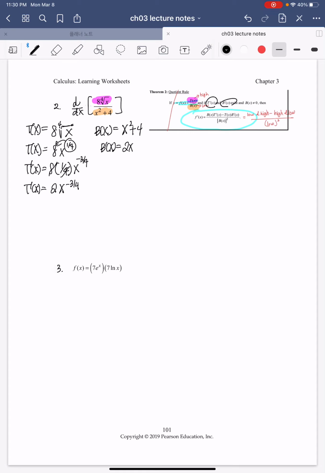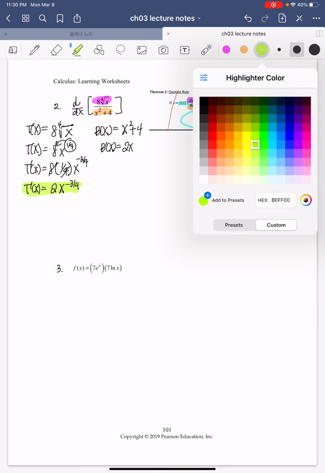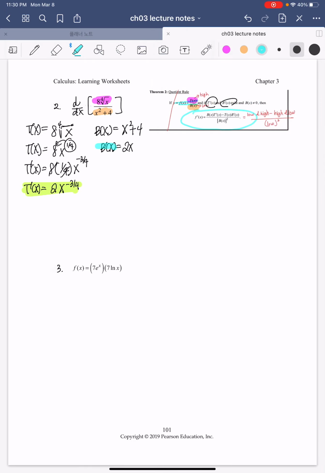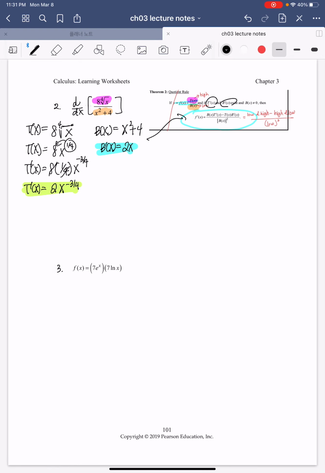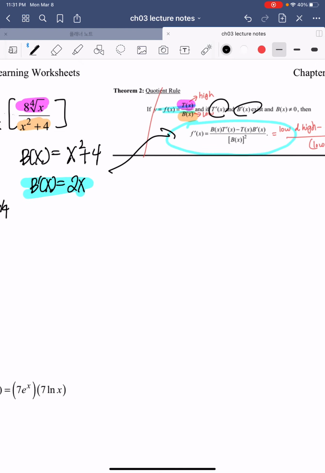So let's start color coding. I will use t of x as a green one, and then this one is a blue one. Right over here is where the formula is. Let's zoom in and color code it.